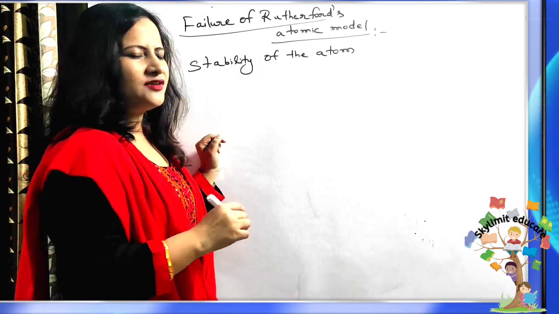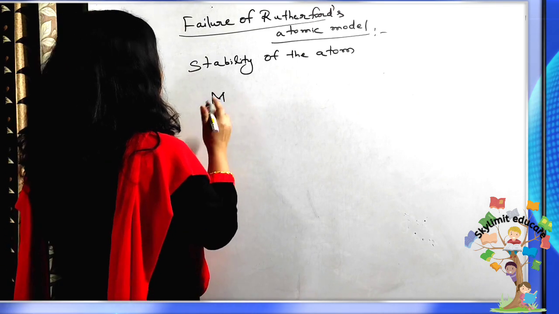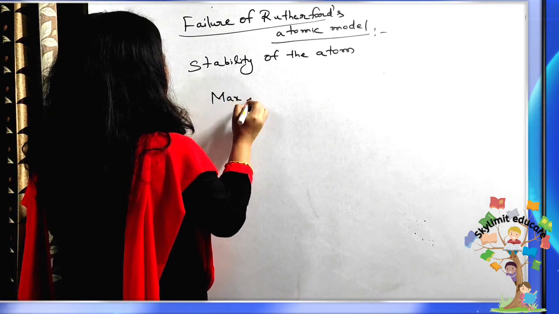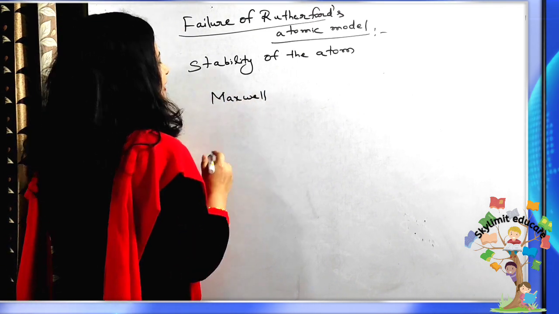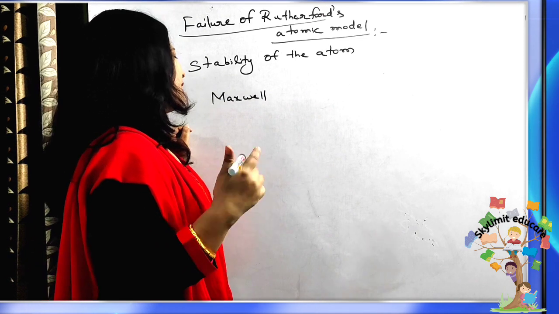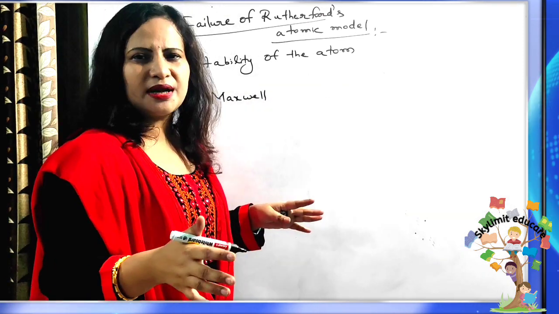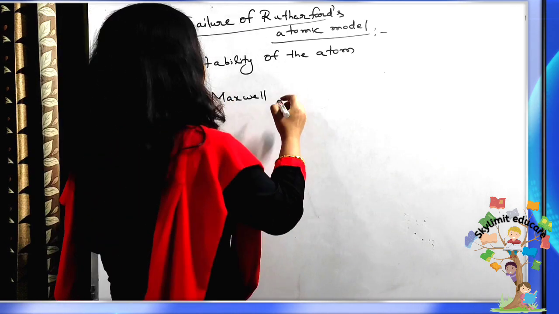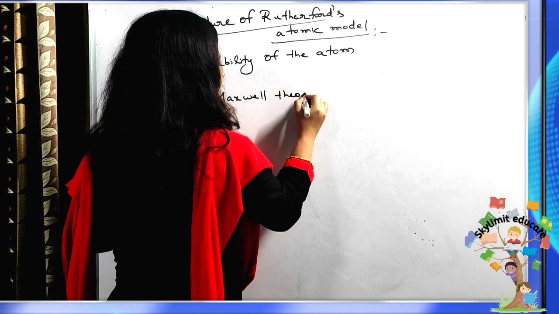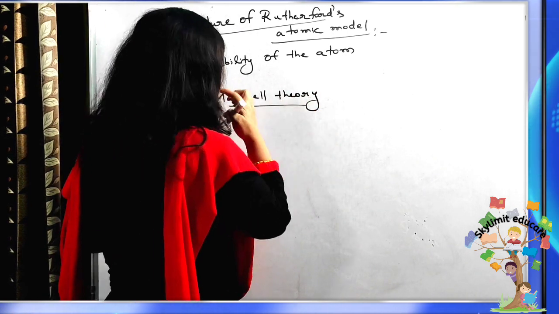There's a theory called Maxwell theory. Okay? In electrodynamics, there was a scientist called Maxwell. He was a very great scientist. Electromagnetism, electrodynamics, he worked in many fields. And what was this Maxwell theory actually?